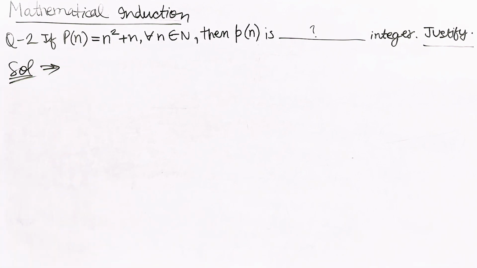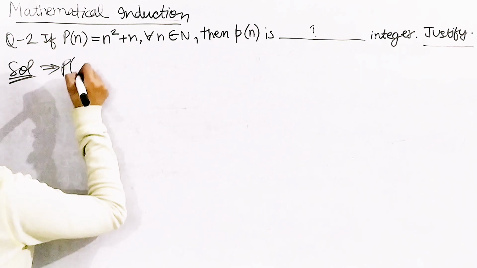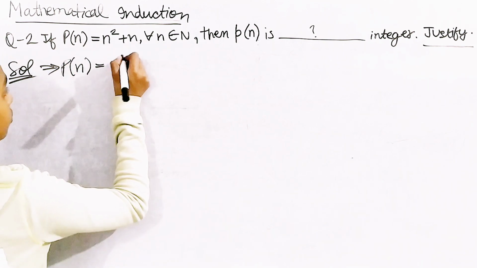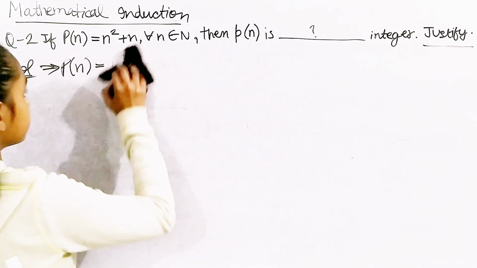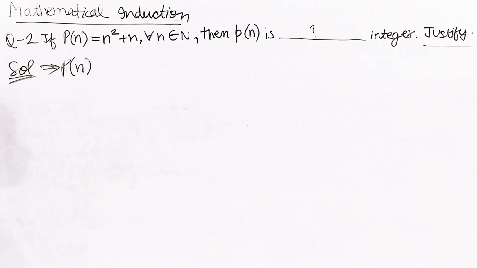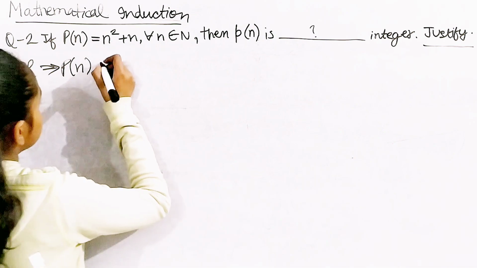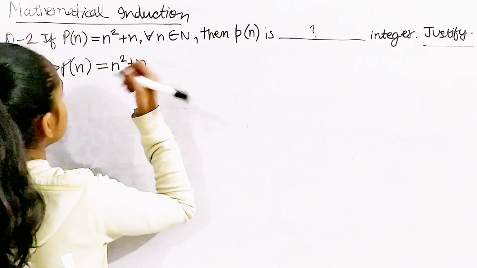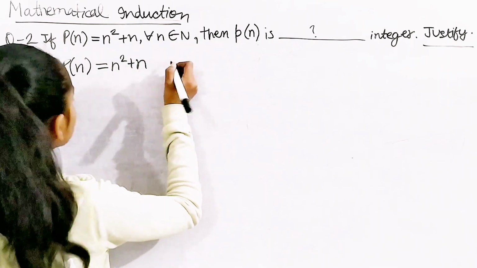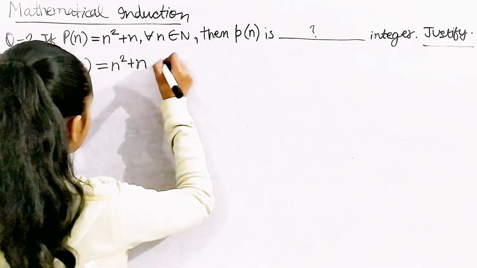Okay, so what's P of n? P of n is n squared plus n. Now I'm going to write it this way.